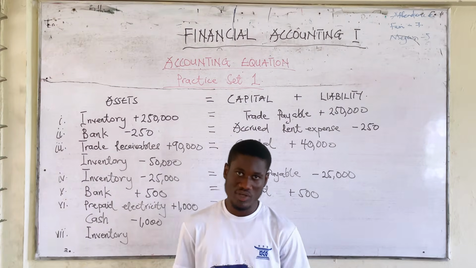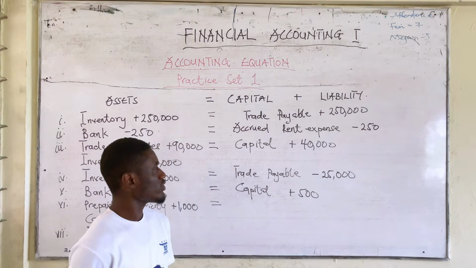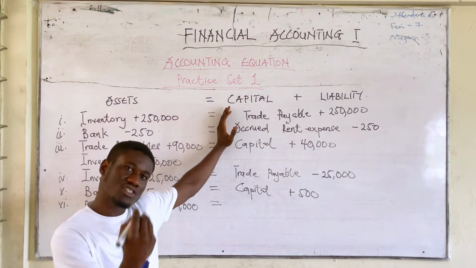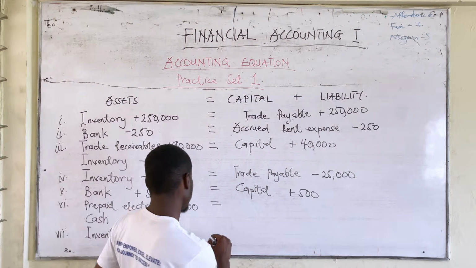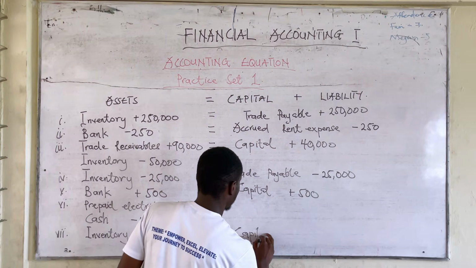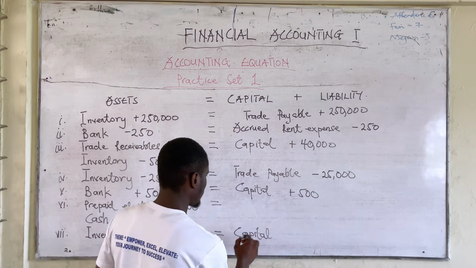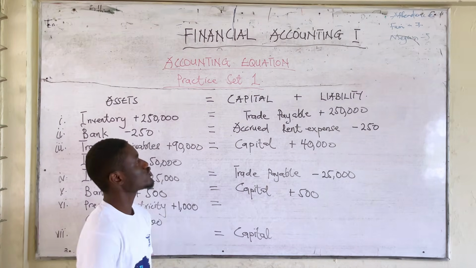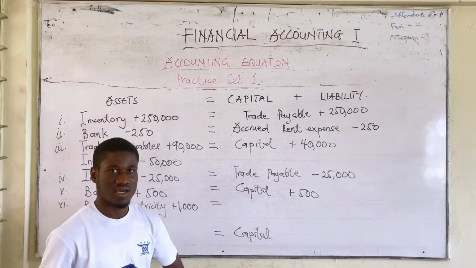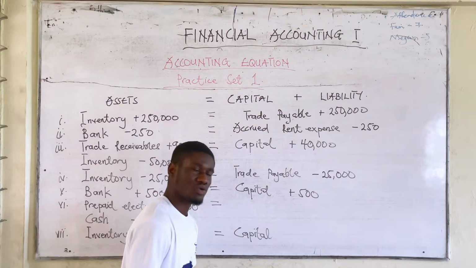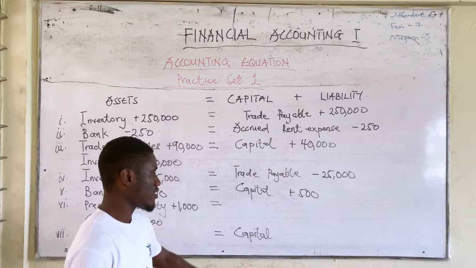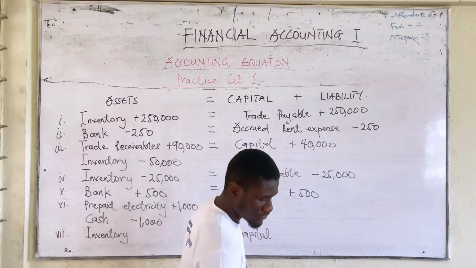Then we have drawings. So you should know what drawings is going to affect. It's going to affect our capital. It's going to decrease our capital. So when we come here, our capital is going to decrease, because we already know that profit, losses and drawings will affect our capital. So now the owner is taking goods from the business, so our capital will reduce by 3,000.